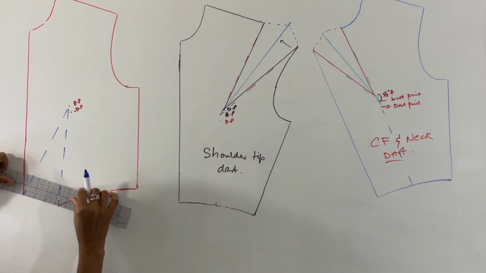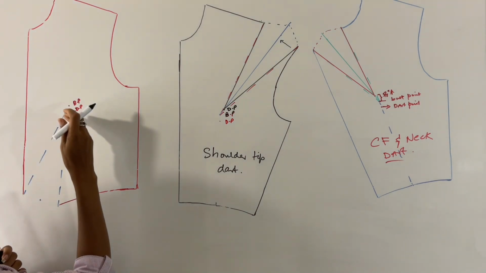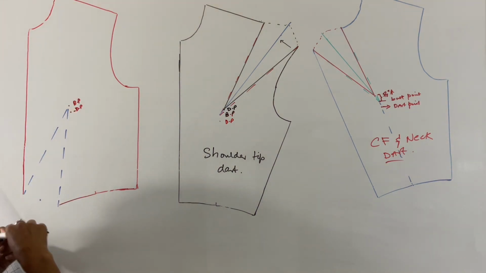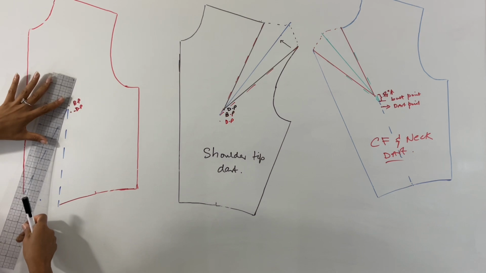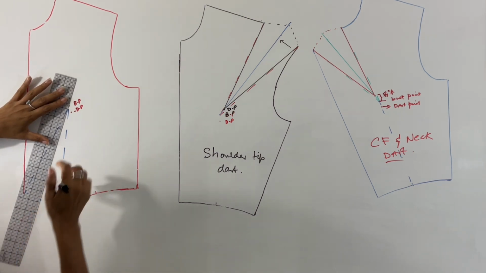And I'm going to measure, and I'm getting 1, 2, 3 and a quarter. I need 1 5/8. This needs to come down 5/8 of an inch, but let's create our center for our dart first.